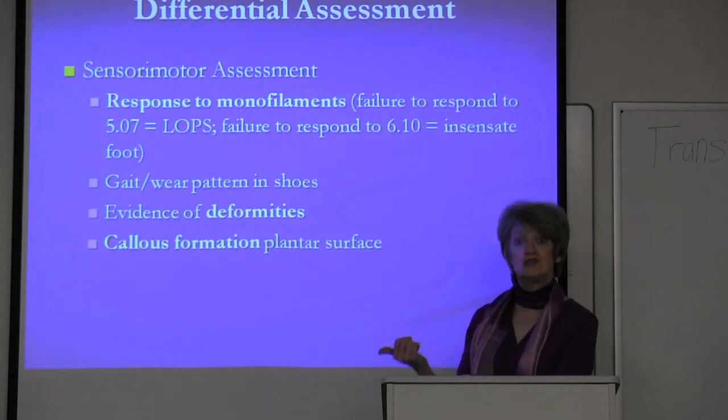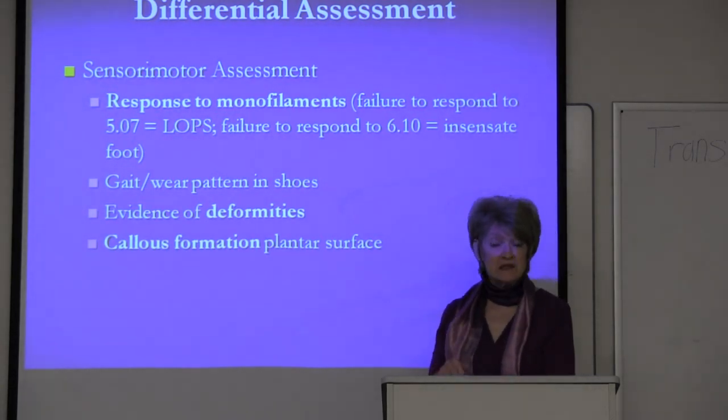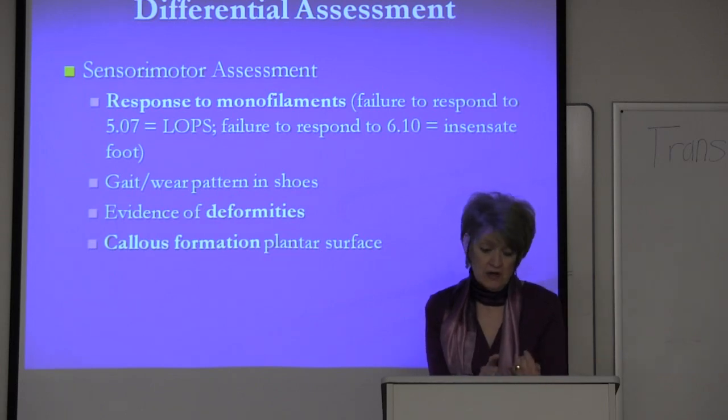You also need your sensory motor data. This is particularly critical if you have a patient who is a known diabetic, if you have a patient with any history of B12 deficiency, if you have a patient who cannot tell you when or how this ulcer began. In those patients, you absolutely must gather your sensory motor data.